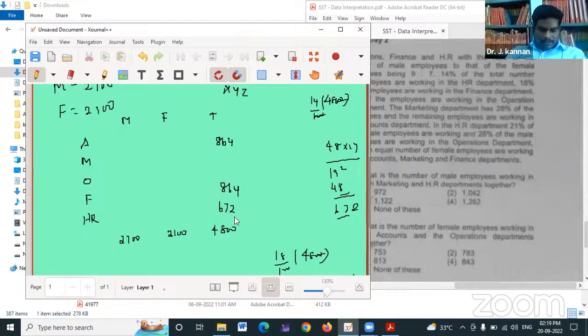Next, the marketing department has 1,344, because 28% of the overall 4,800 is 1,344. And the operation department has 1,056.